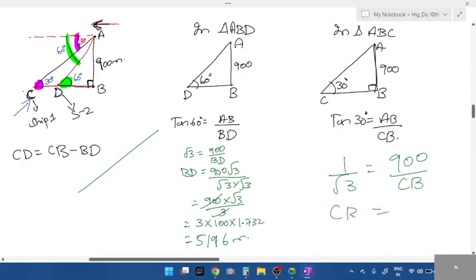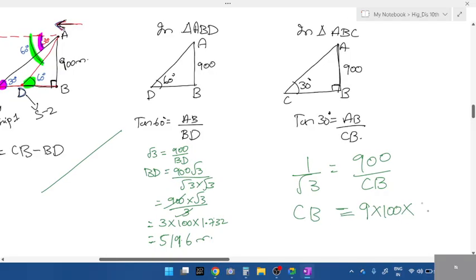Directly root 3 gets multiplied, right? You can write CD plus DB later, but that is not required here. If you just find CB, that is enough. You can just keep CB as it is. 900 is 9 into 100 into root 3, which is 1.732. So 9 into 1.732 into 100 is 1558.8. What's the final answer?